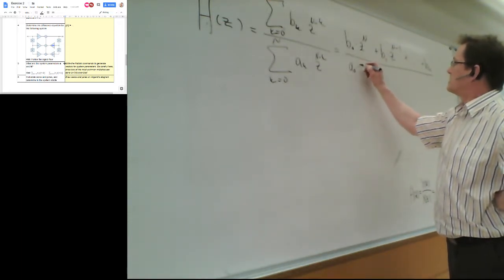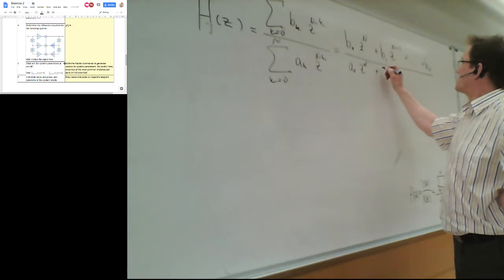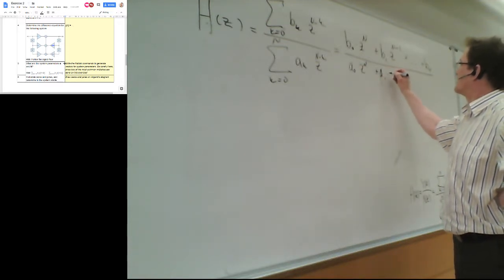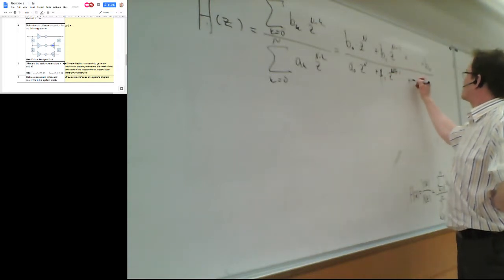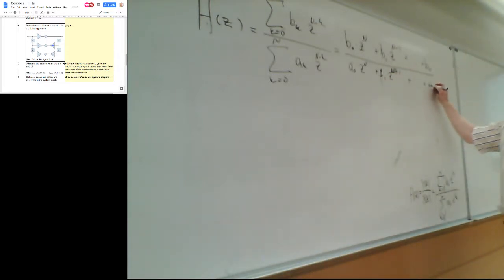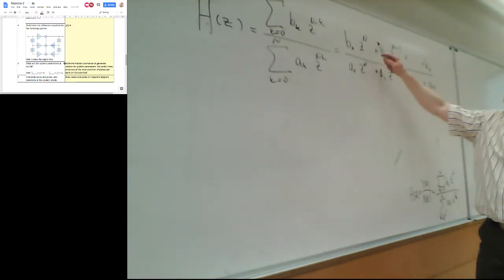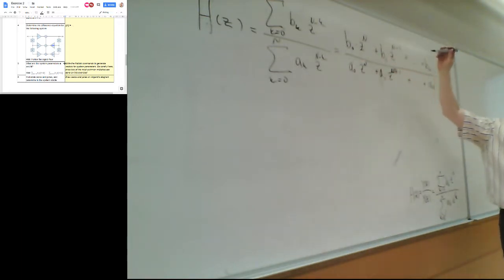Downstairs, a0 times z to n plus a1 times z to n minus 1 plus and so on an. And now both the numerator and denominator are positive exponential polynomials. Numerator polynomial, denominator polynomial, nth degree, meaning that there are actually n roots on both of them.